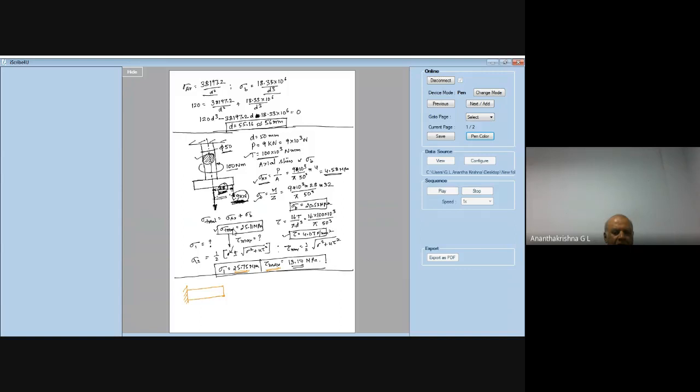This beam is subjected to an axial tensile load of 60 kilonewton, and a transverse load of 50 kilonewton.